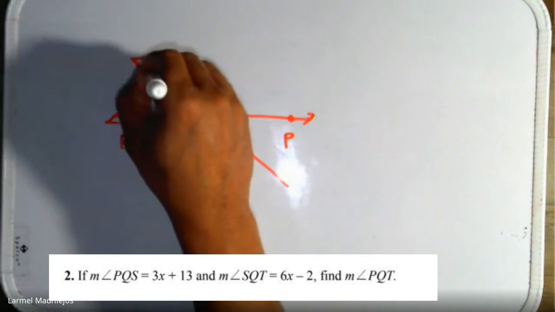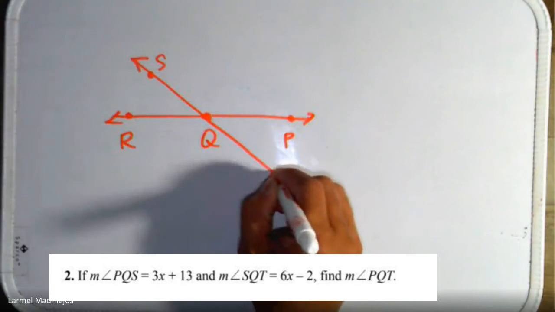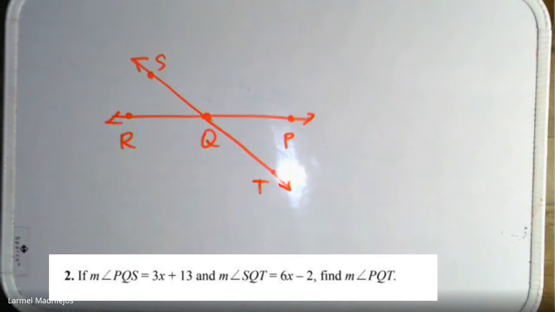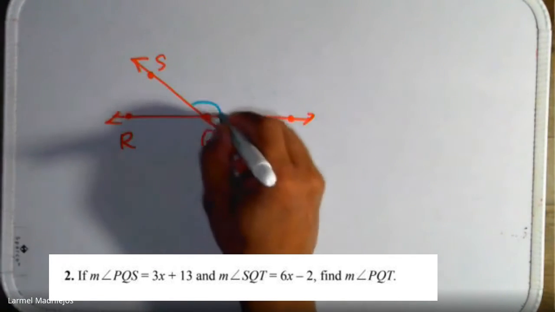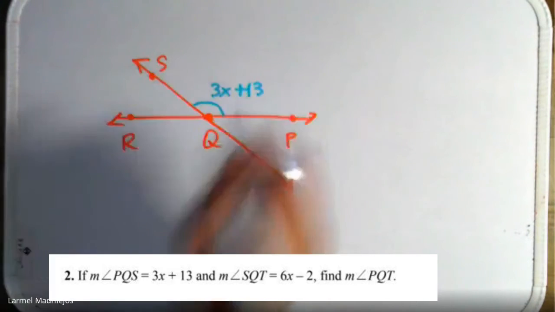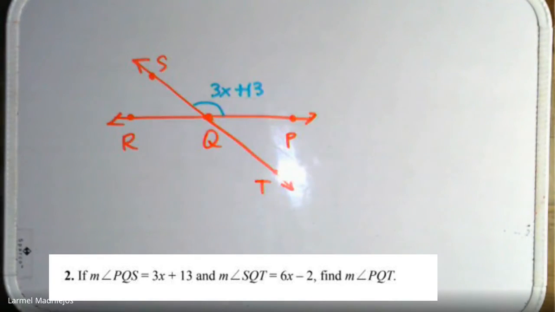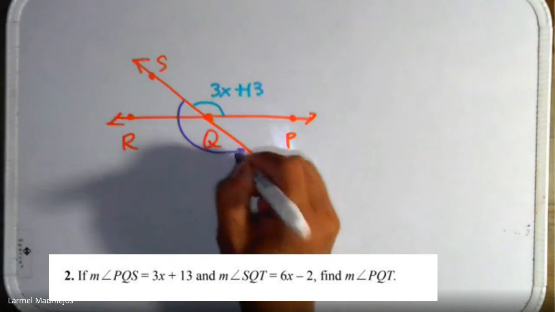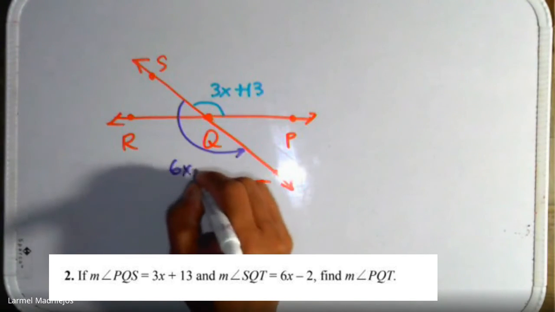This is S, and this is T. For question number 2, angle PQS is 3x plus 13, and then the measure of angle SQT is 6x minus 2.